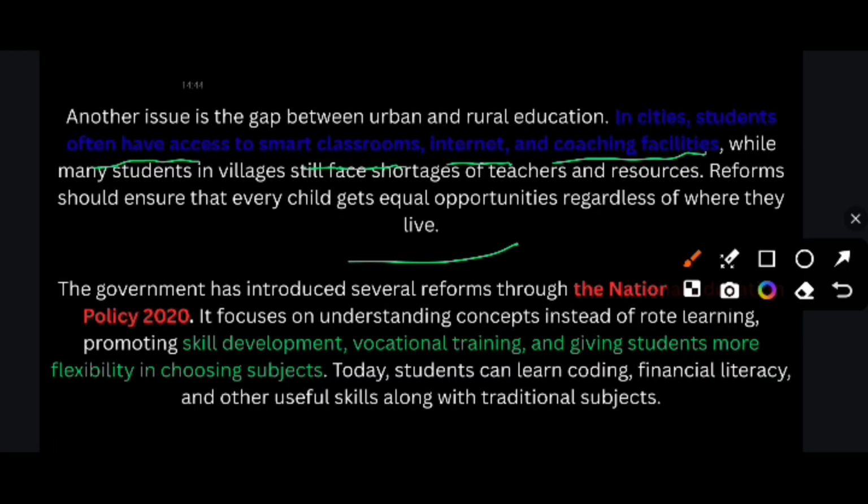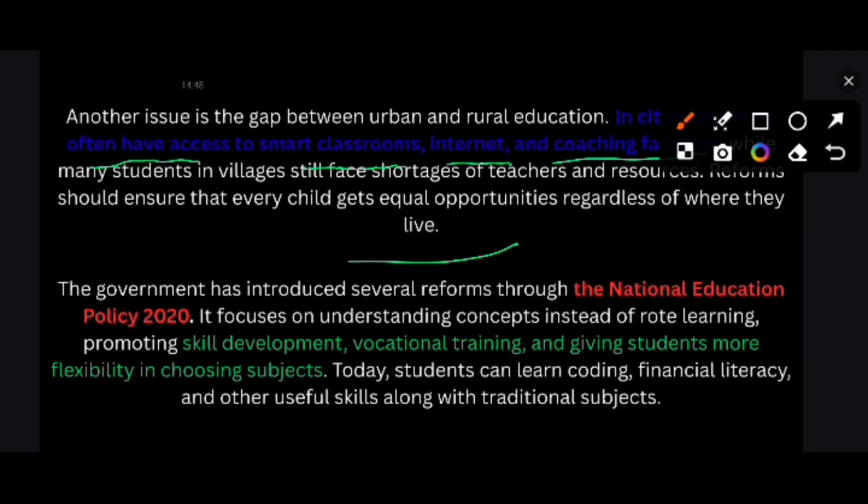Okay, now moving forward, the government has introduced several reforms through the National Education Policy 2020. I give the present scenario now.